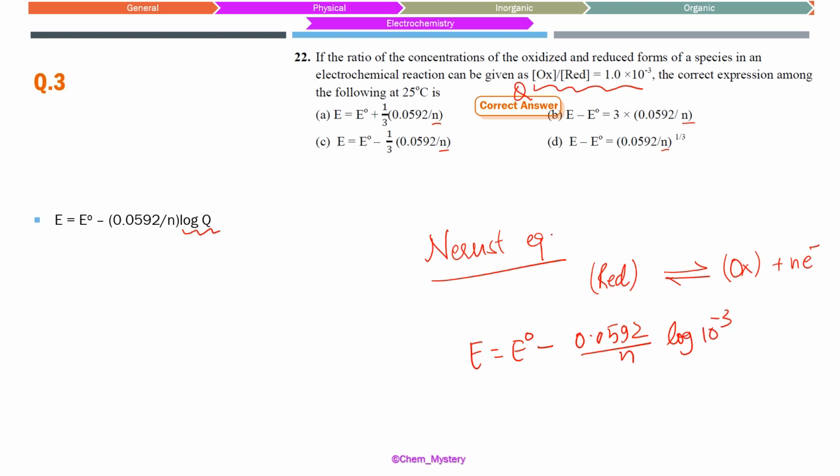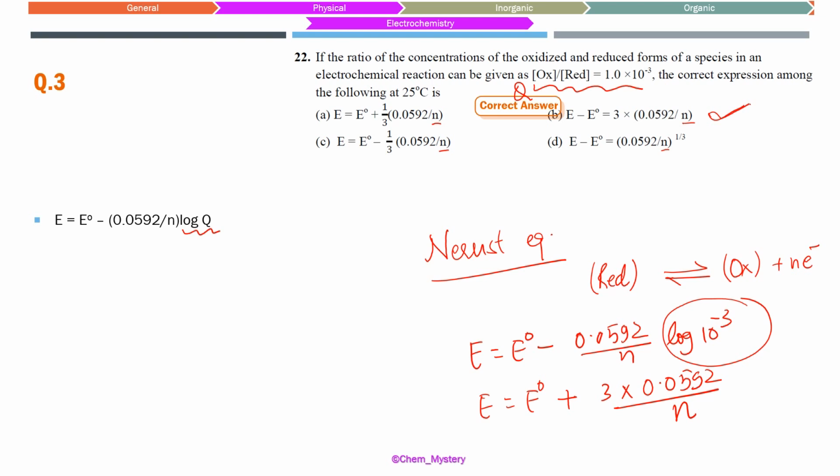Now what we need to do is just put the value of log. This whole thing is turning out to be minus 3. So we have just rewritten this E as E naught plus 3, like this minus sign and this minus 3 we have just multiplied, and here this is going to be plus 0.0592 divided by n. So now we have just rearranged E naught from the right hand side of this equation to the left hand side, and that is going to be the expression.